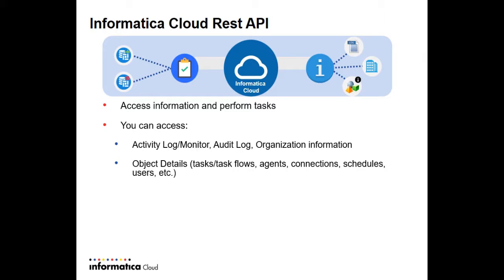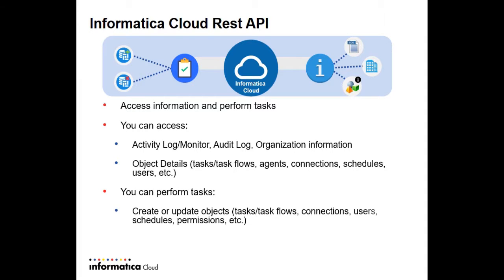You can also access details for objects in the org, which includes task and task flows, agents, connections, schedules, users, and much more. In addition to accessing information, you can use the API to perform several tasks such as create new objects or update existing objects. These objects may include tasks and task flows, connections, users, schedules, and user permissions.